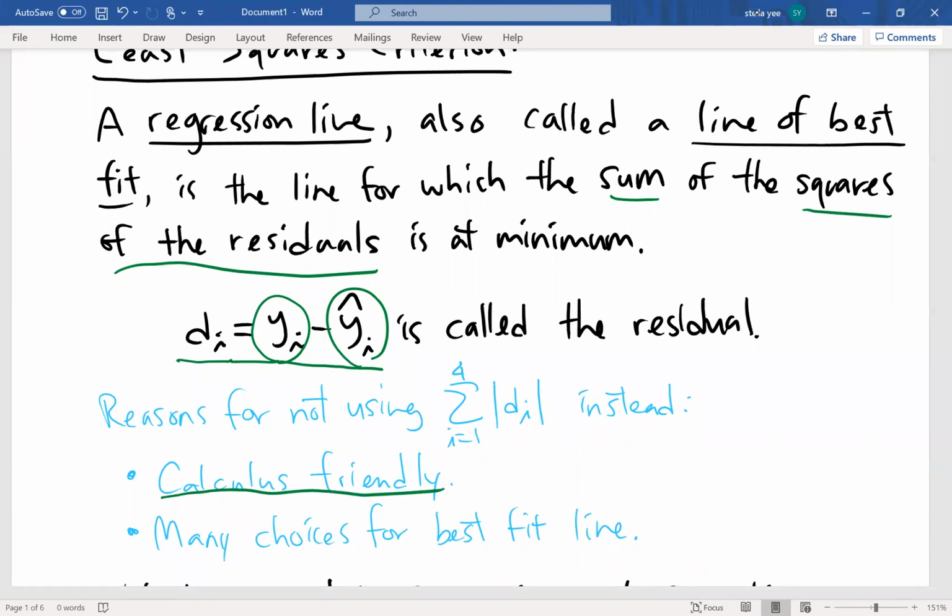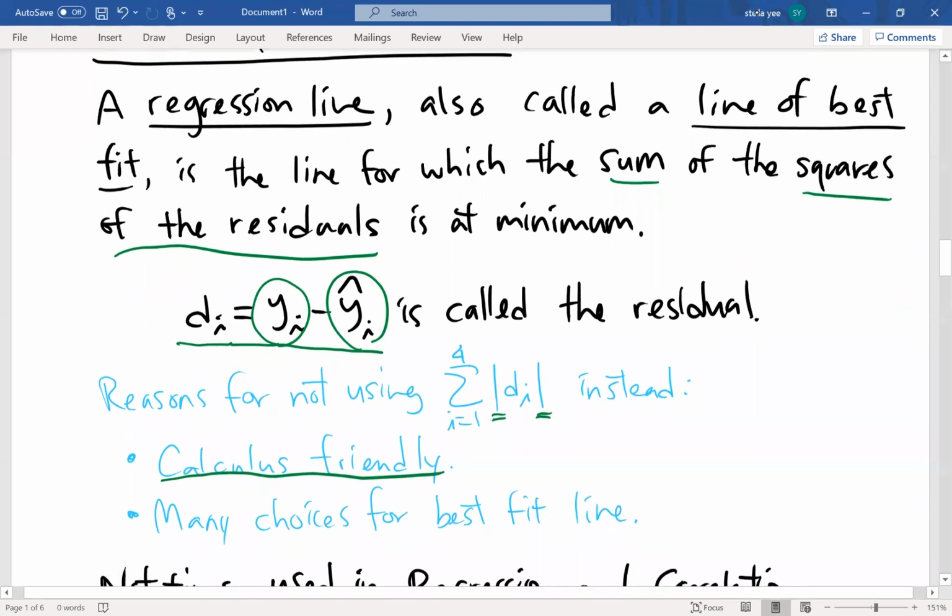Calculus is not a required prerequisite for this course, but the calculus doesn't work well with the absolute value symbols. So we have one less tool to work with.